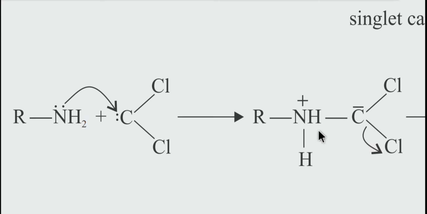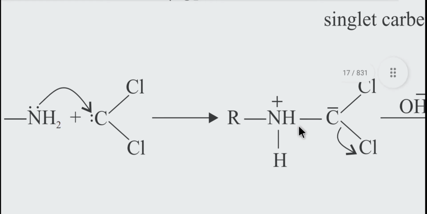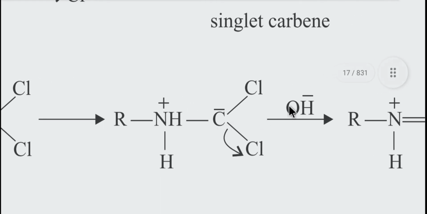In the further steps, we need to abstract another proton to create another bond between carbon and nitrogen. So we need another strong base from the solvent to abstract this proton.